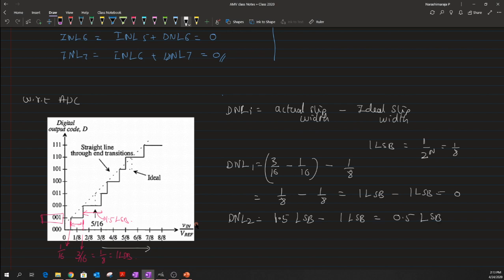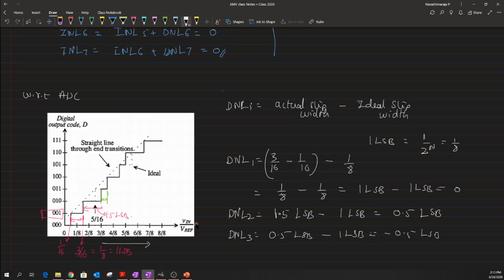Now next comes the DNL of 3. Just by eyeballing, you could see that the width of this particular segment is just 0.5 LSB, and I write the number 0.5 LSB directly over here. Minus 1 LSB gives us minus 0.5 LSB.